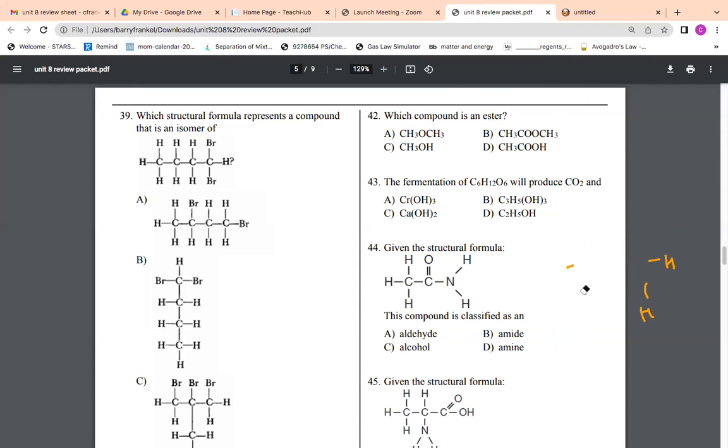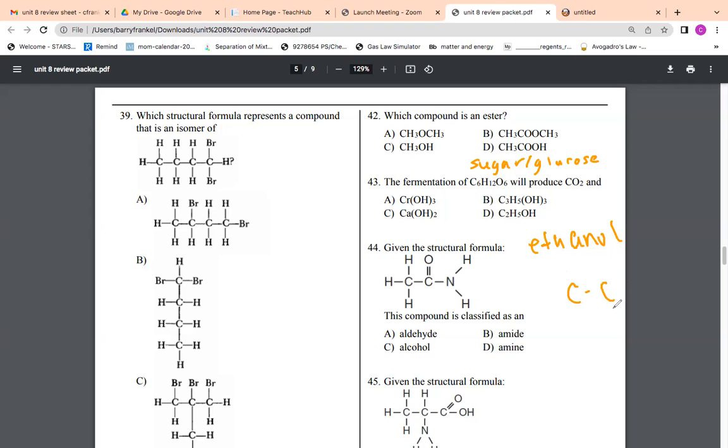Number 43. We kind of just spoke about this one. So the fermentation of sugar or glucose will produce carbon dioxide, and you will also get alcohol, okay, specifically ethanol. And you guys know how to name stuff, so you can figure out what this looks like.